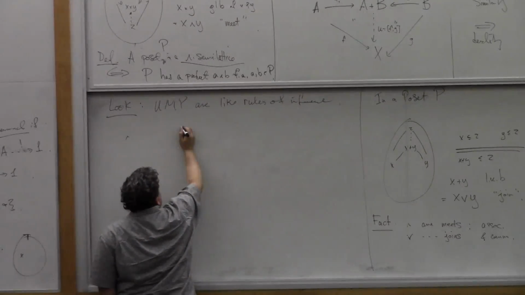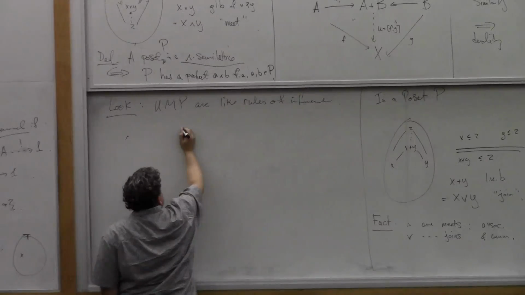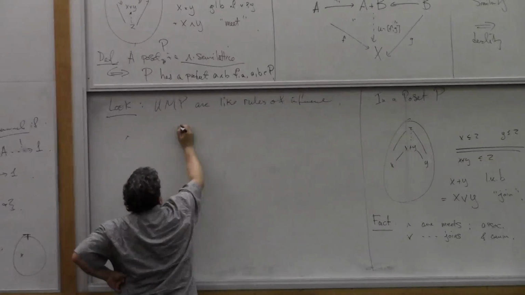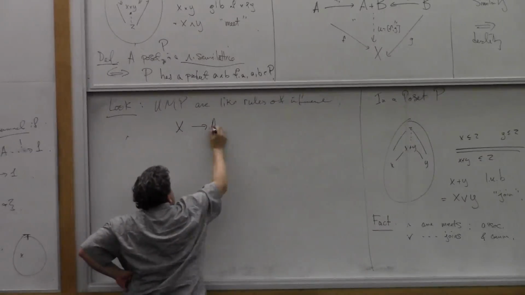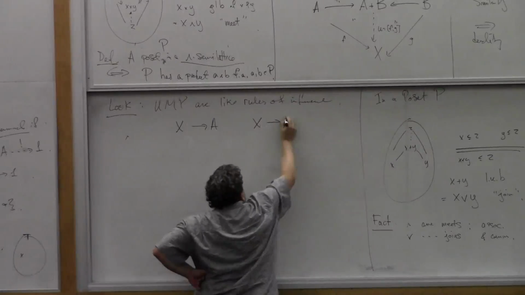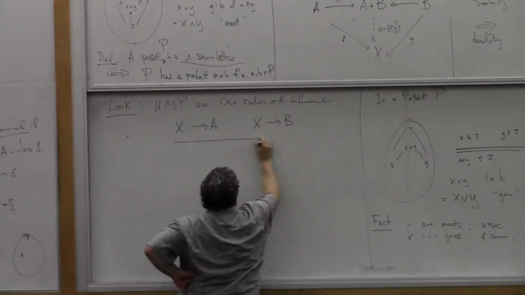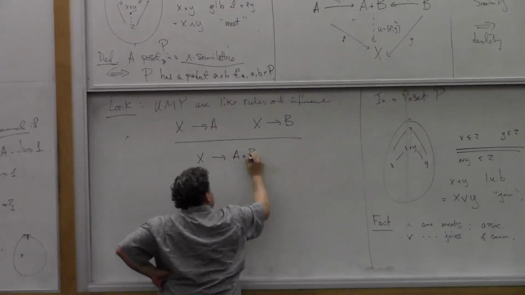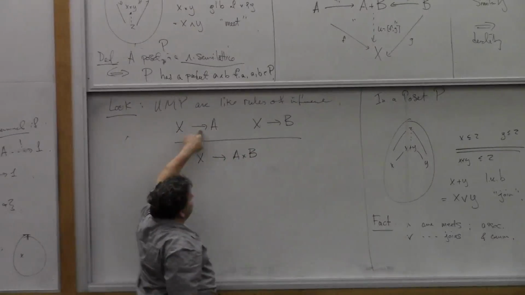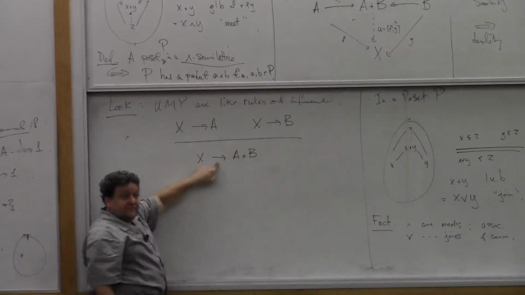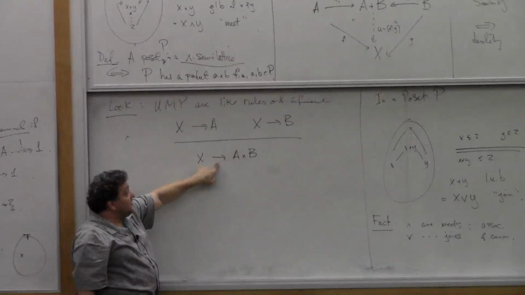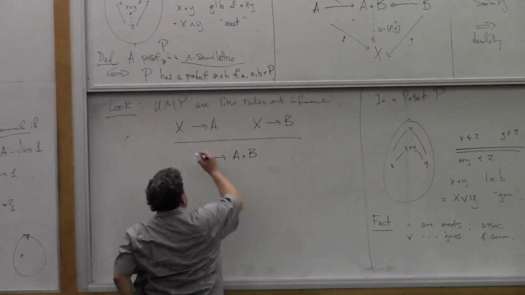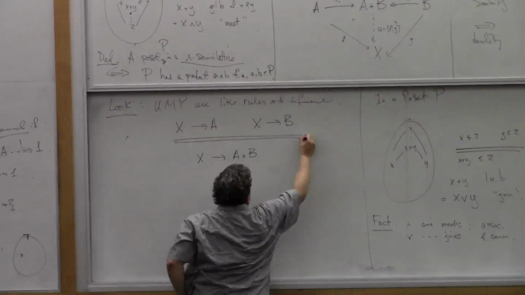It said, given any X into A and X into B, you get a map from X into A cross B. Right? So if this is the F and this is the G, then this is the paired up F pair G. And given anything here, you compose with the two projections and you get these two things. So that's a kind of two-way rule of inference.